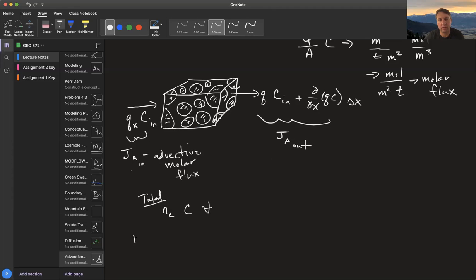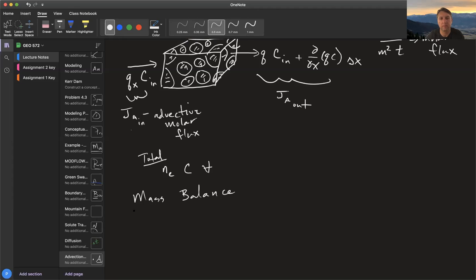And our mass balance says the change in mass over time is equal to the difference between the fluxes in and the fluxes out. So it says n_e dC/dt times delta x, delta y, delta z.